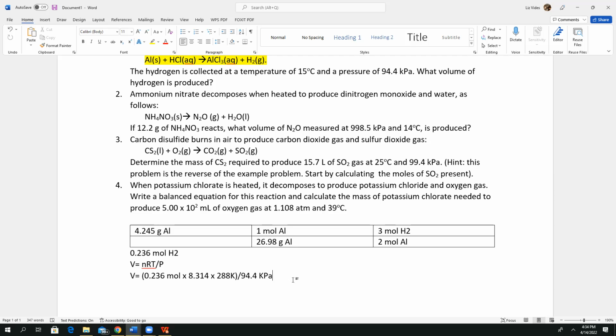Did you get your molar mass 80.06 for ammonium nitrate? 80.06. Okay. And the balanced equation is a 1-to-1 ratio, right? Okay, that's what I got too. So maybe I miscopied it.